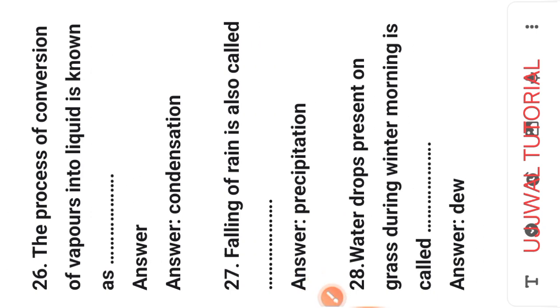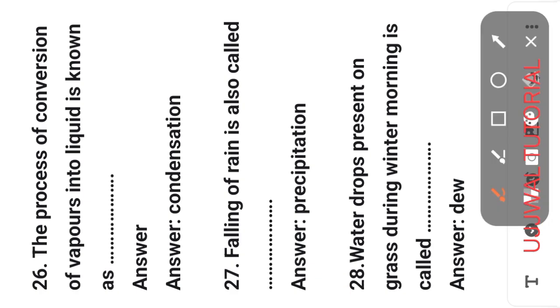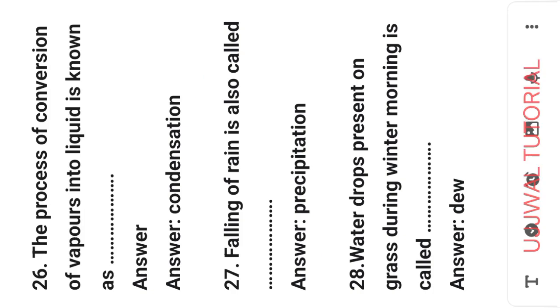Next question 26. The process of conversion of vapors into liquid is known as condensation. Next question. The falling of rain is also called precipitation.